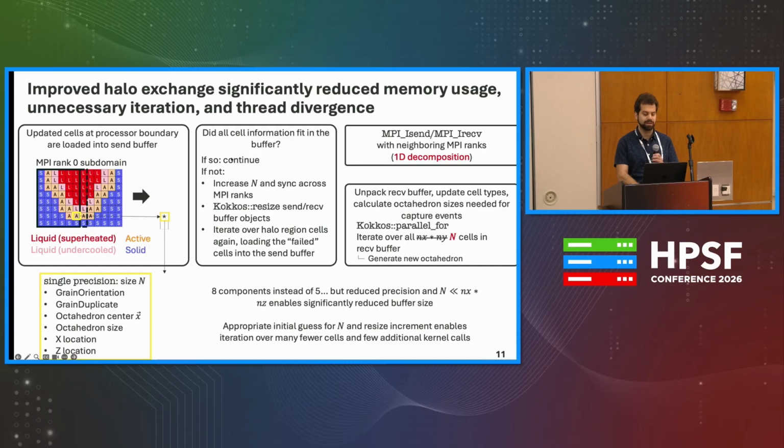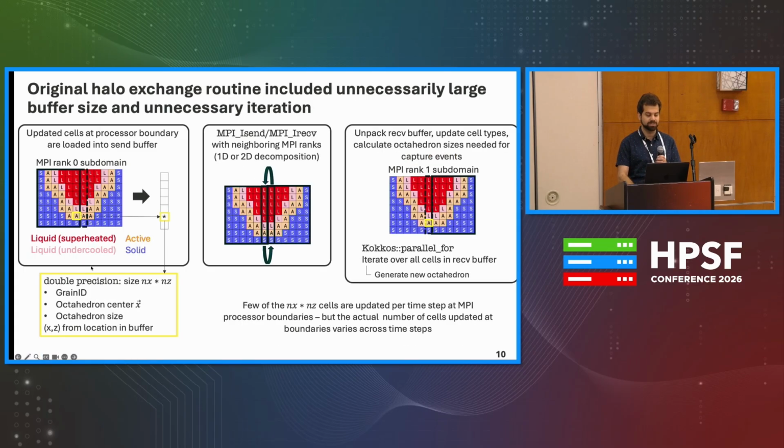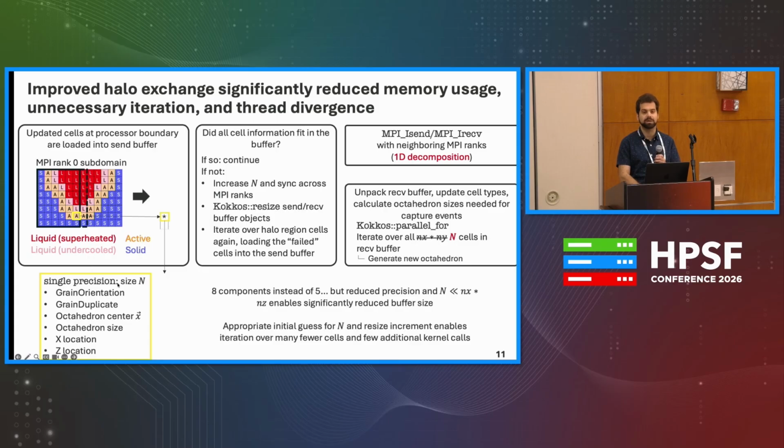So what we ended up doing was having a guess at how many events we would have on a given time step that would need to be communicated across the ranks. We were able to reduce this from double precision to single precision by breaking down some of these numbers into smaller components. And while there's now more components, we were able to reduce the size of this buffer by replacing the initial size of the max number of cells that might be communicated with a guess.